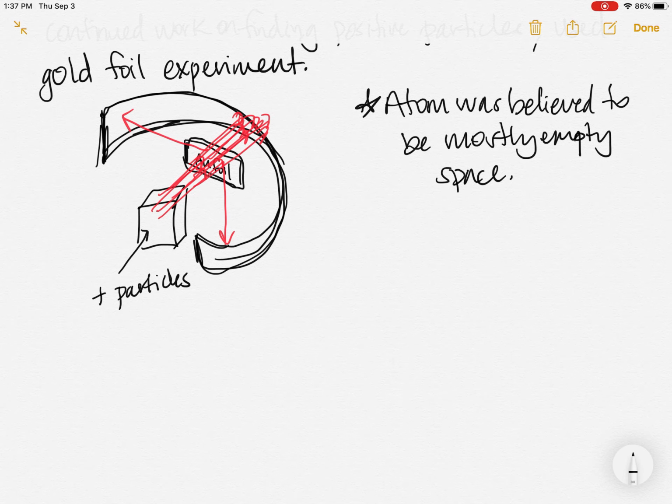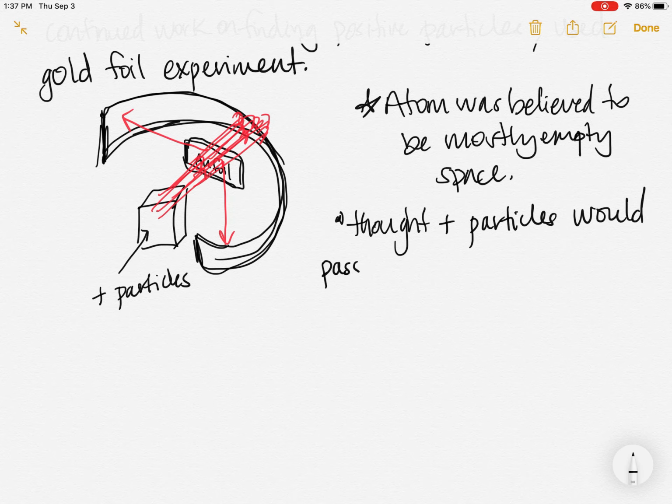So let's summarize this before we keep chatting. He believed the atom to be mostly empty space. He thought those positive particles would pass straight through the foil.